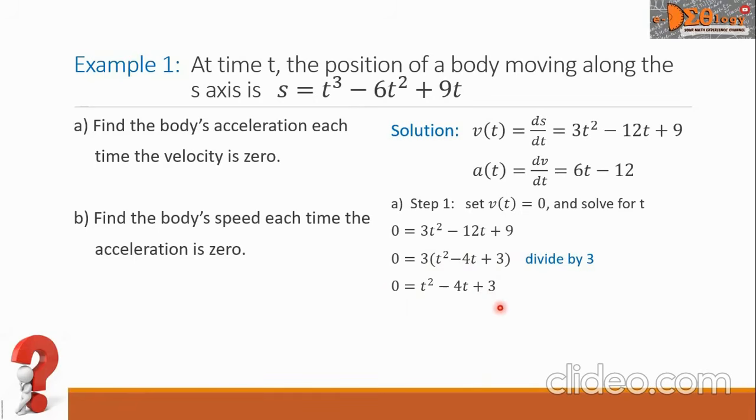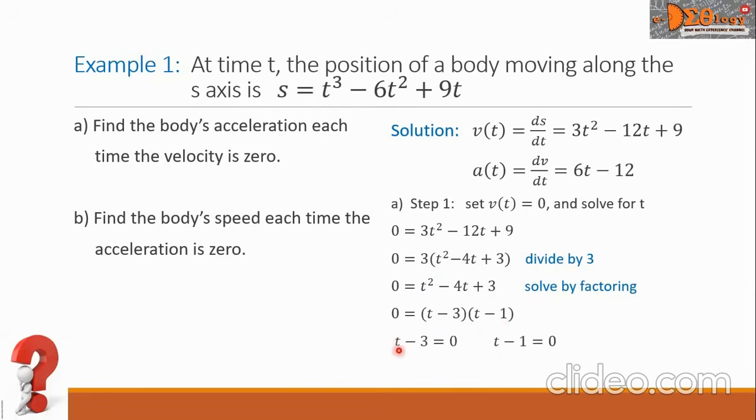We can see here that we can solve this by factoring. So we write 0 equals the quantity t minus 3 times the quantity t minus 1. Let us equate both factors to 0.